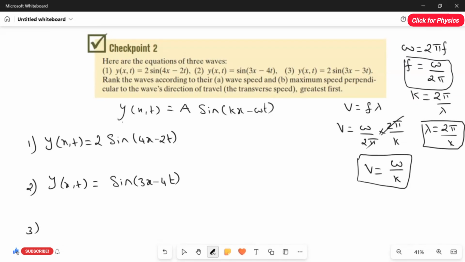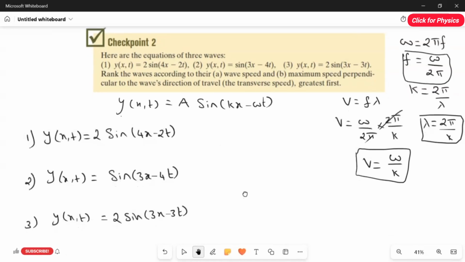And then the third equation is y of x comma t equals 2 sine of 3x minus 3t. Clear? Now we have to find the wave speed, and also give the answer from the greatest. That means greatest, second greatest, and the last one. So let's apply this rule to the first equation to find the wave speed.